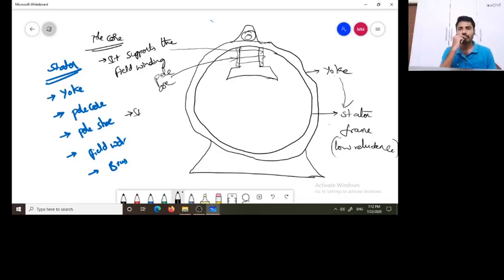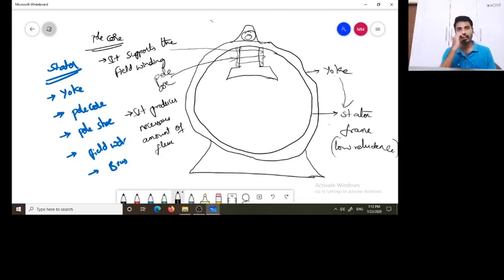So it produces the necessary amount of flux. Without iron material, if the winding is wound and we give supply, the current will flow through it, but it will not behave as a magnet.